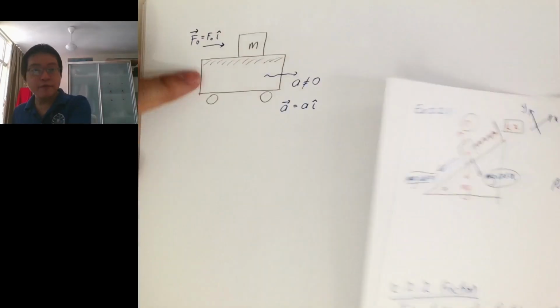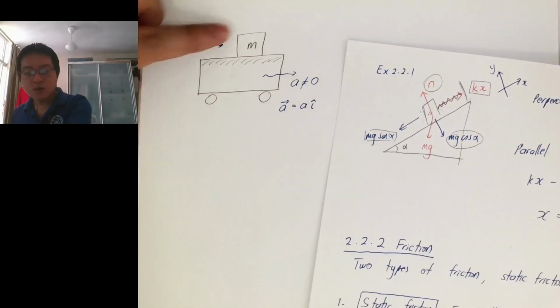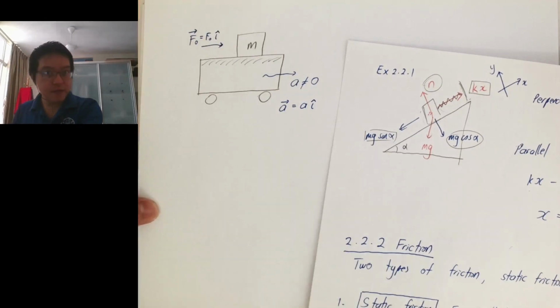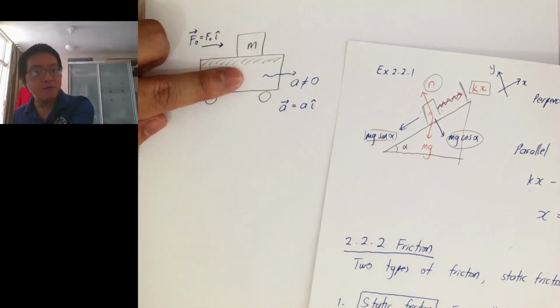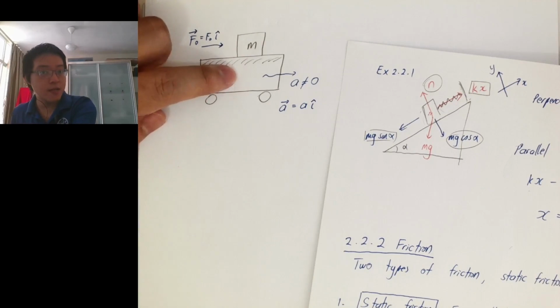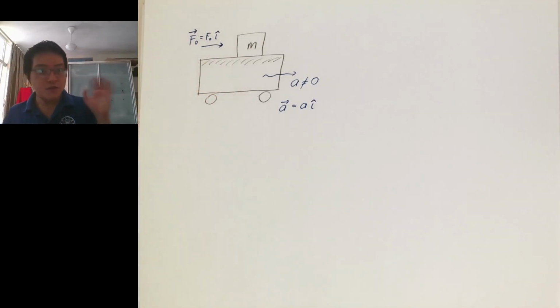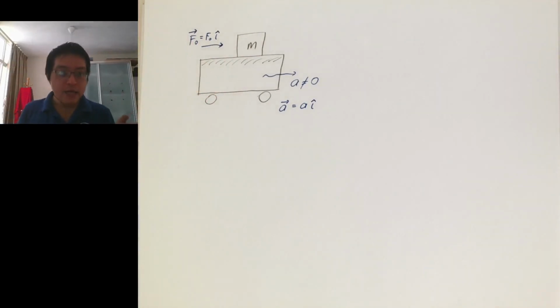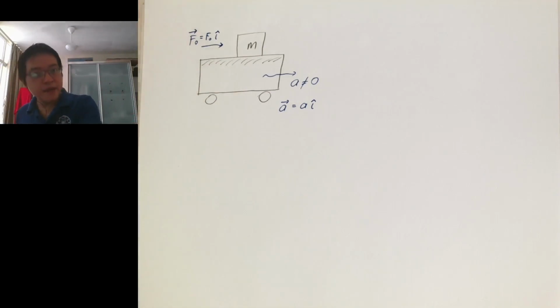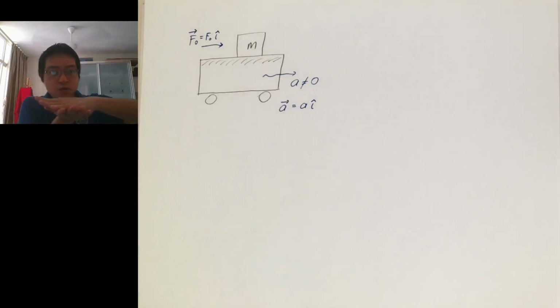This system is moving relative to the ground. So M is moving relative to the ground, that's fine. But M has zero relative motion with this trolley. So no relative motion means that even if there's a force, the box will stick to the car and they will move together.